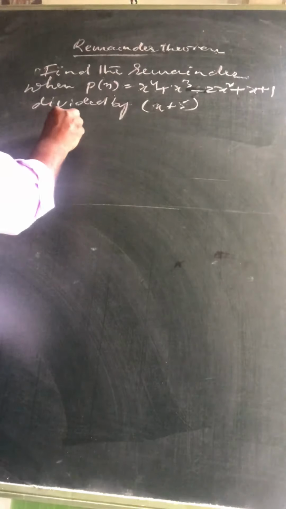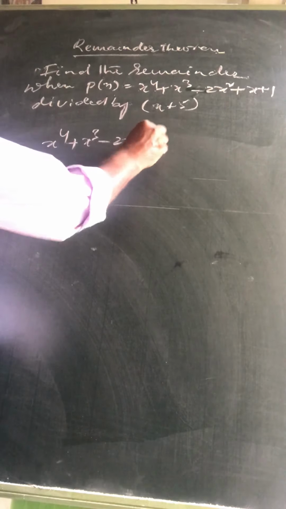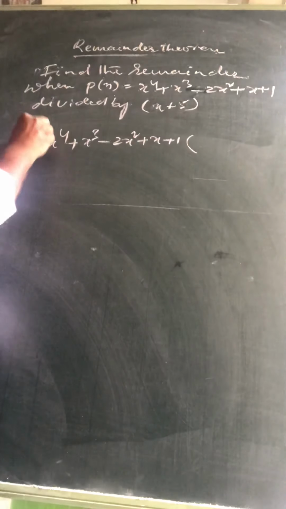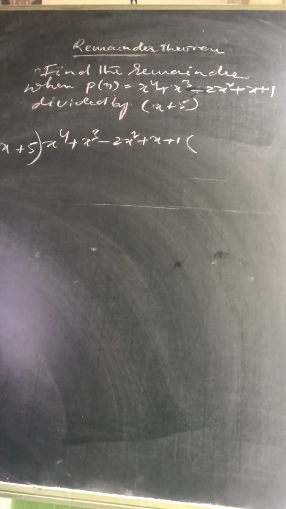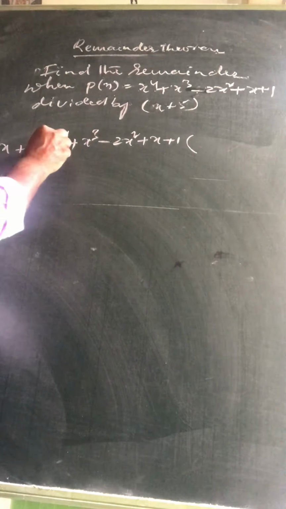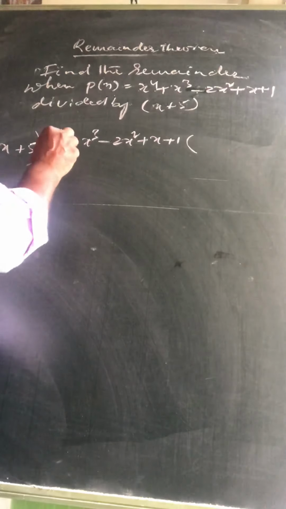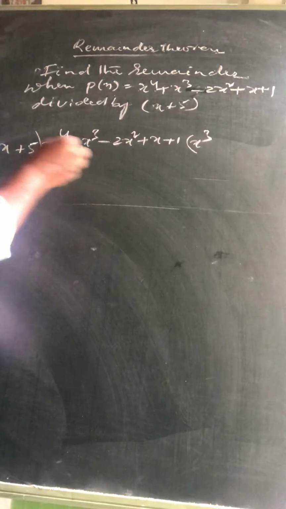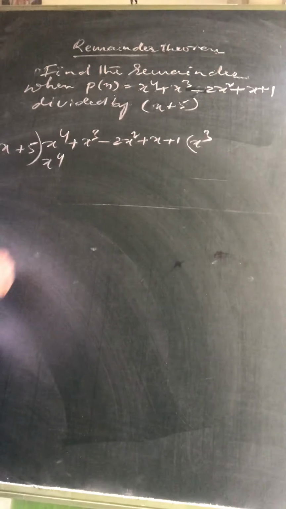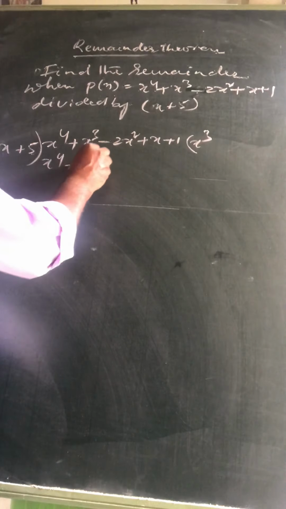Now x to the power of 4 plus x cube minus 2x square plus x plus 1 divided by x plus 5. Already you know how to divide polynomials. Here x to the power of 4 is there, and x is in the divisor. To get x to the power of 4, we have to multiply by x cube. X cube into x is x to the power of 4, x cube into 5 is 5x cube.